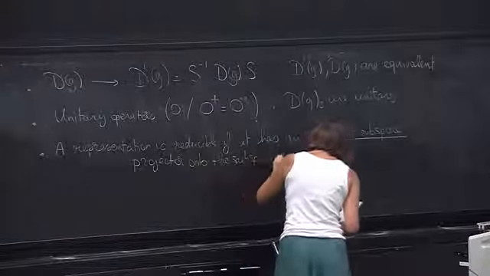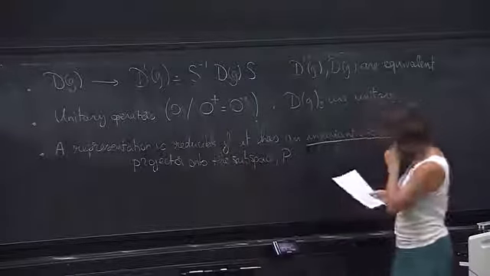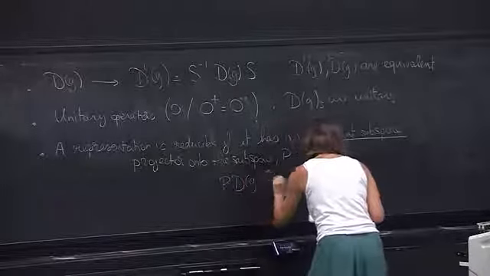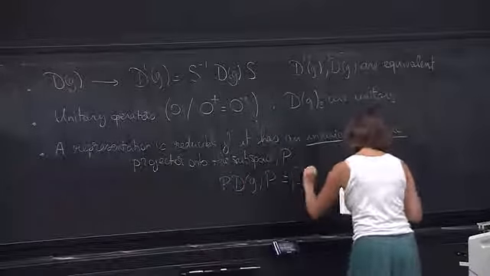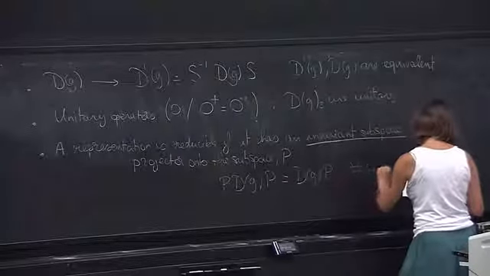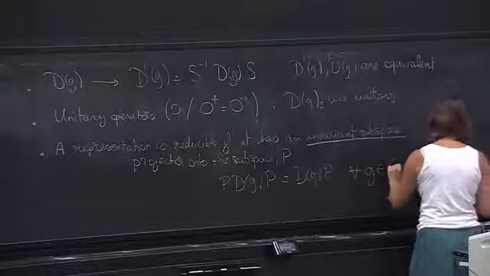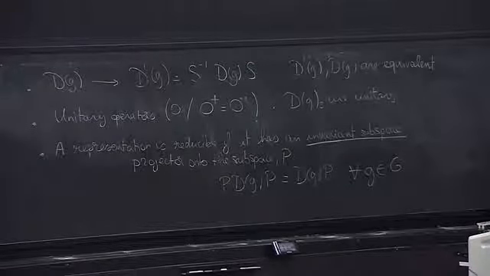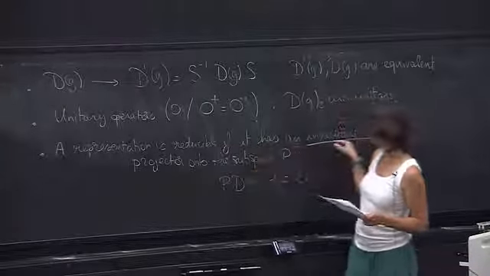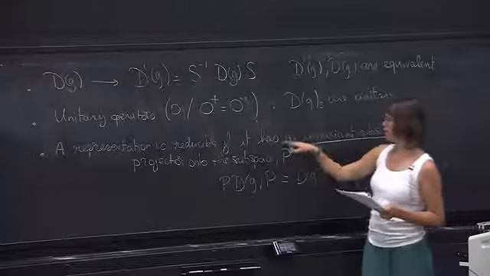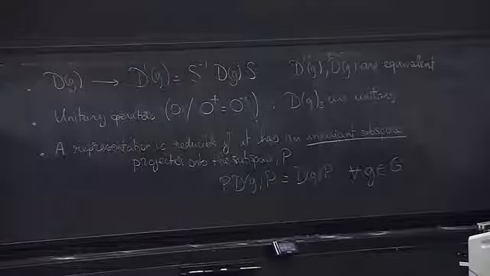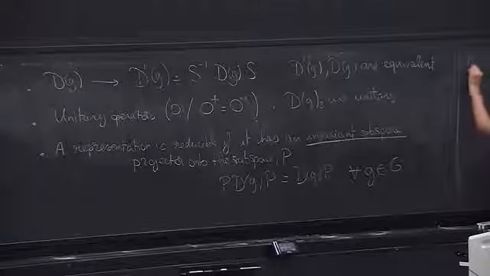I'm going to denote this projector P. Then this exactly means that the representation D(g) has an invariant subspace, and this subspace is defined by this projector P.